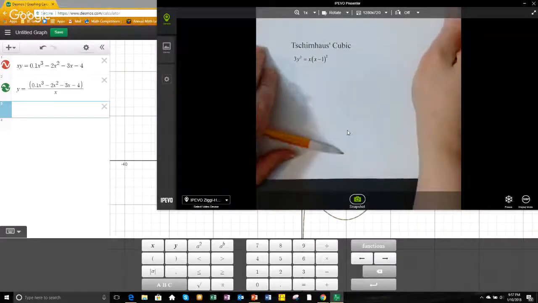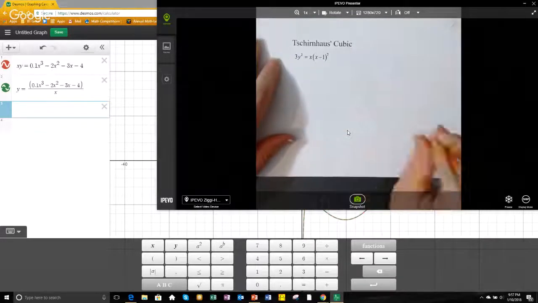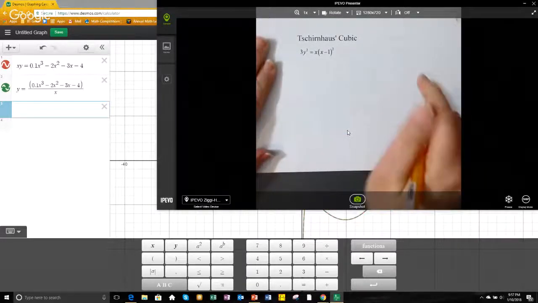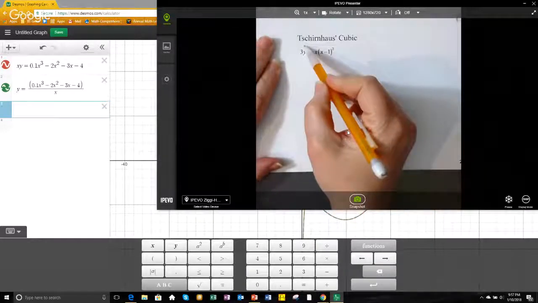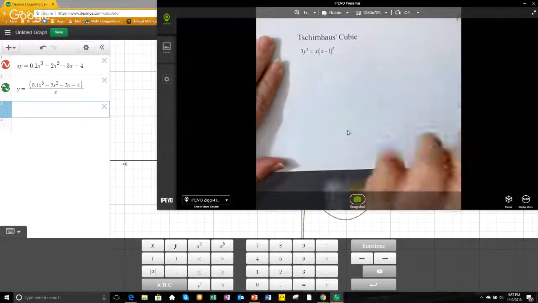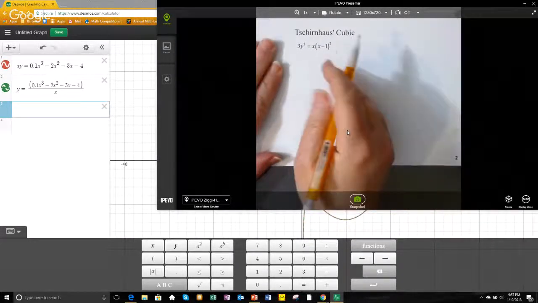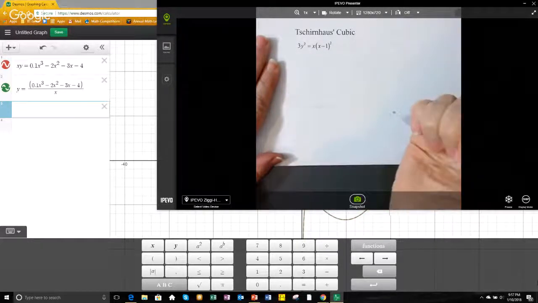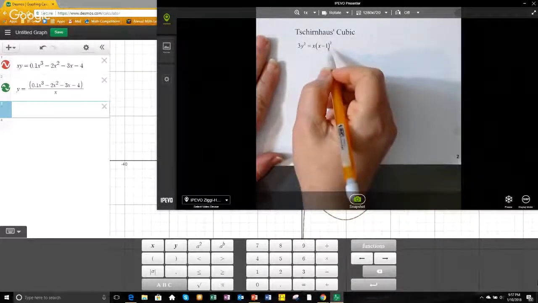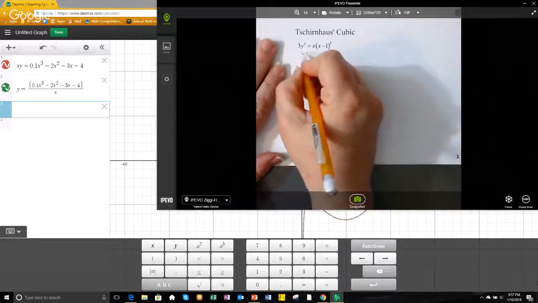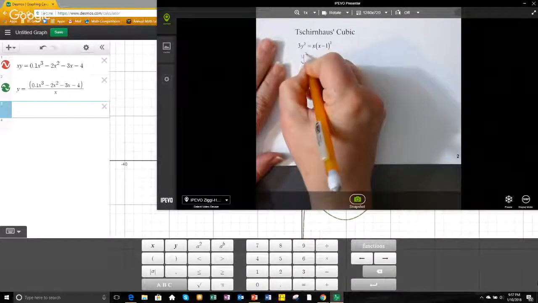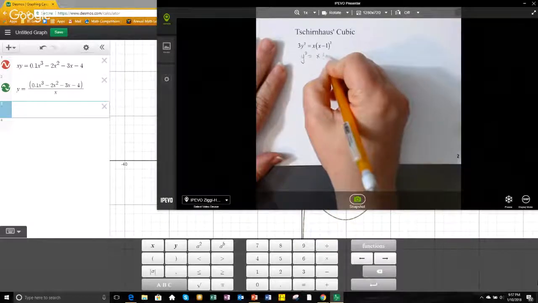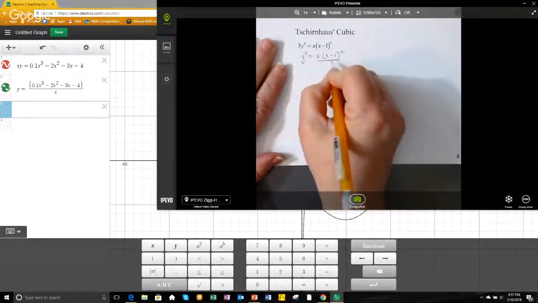All right, let's try another one. Now, pronouncing this guy's name is quite interesting, and I think it's Tschirnhaus. Tschirnhaus's cubic. All right, so we're going to solve this one for y because it's not explicitly solved for y. And we're going to get y all by itself. So we're going to say y squared equals x times x minus 1 squared divided by 3.